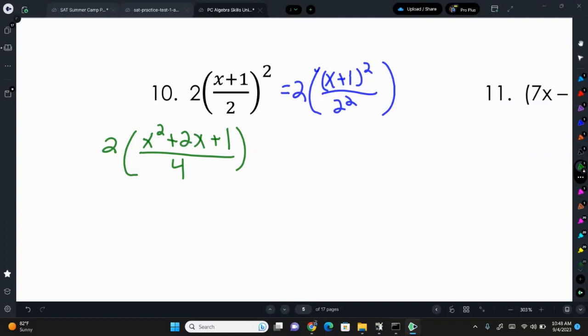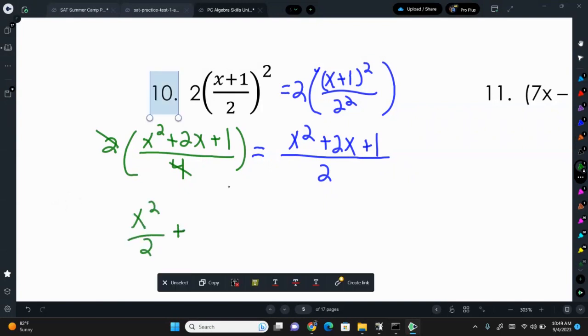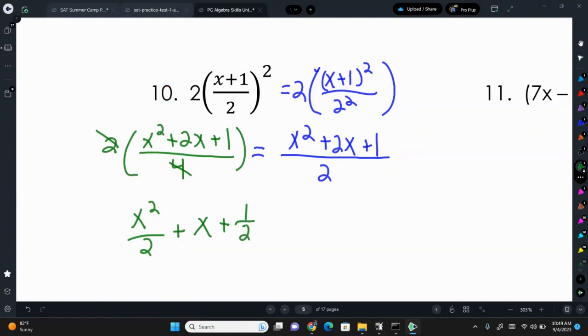Well, now that our exponents are gone, we can simplify this. 2 and 4 would simplify to give us x squared plus 2x plus 1 over 2. And we can go a little bit further and write that as x squared over 2 plus x plus 1/2. Separate that fraction into individual terms.